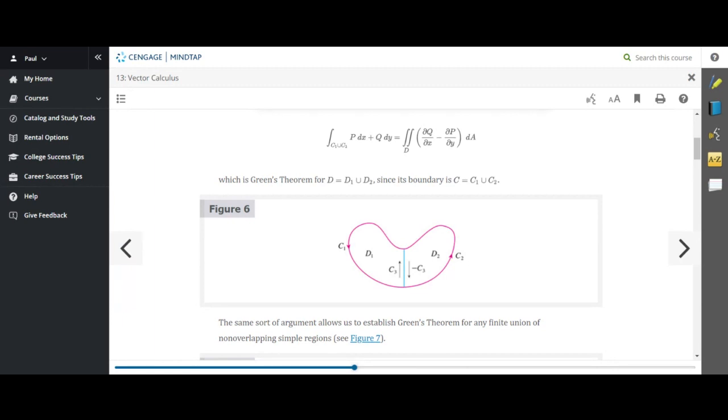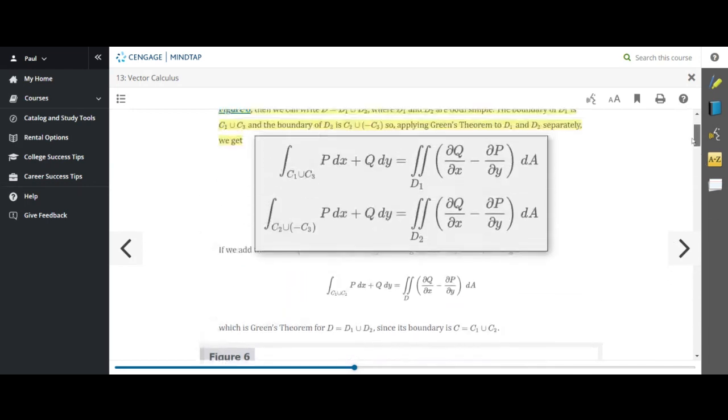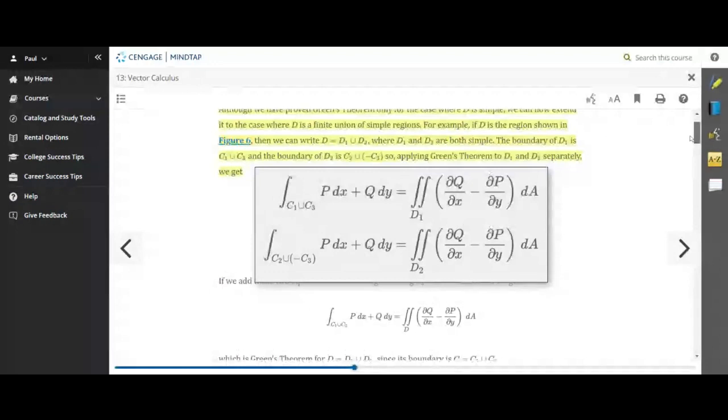All you would need to do is add up those two line integrals above.